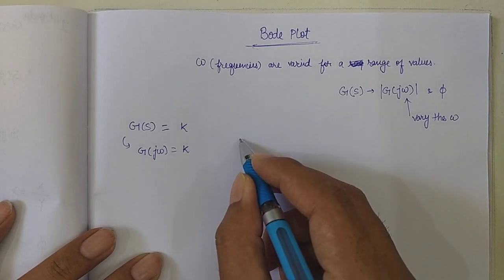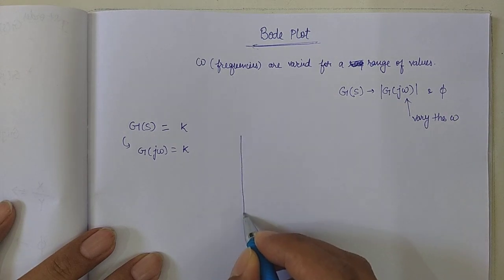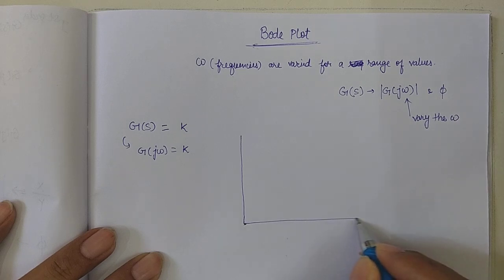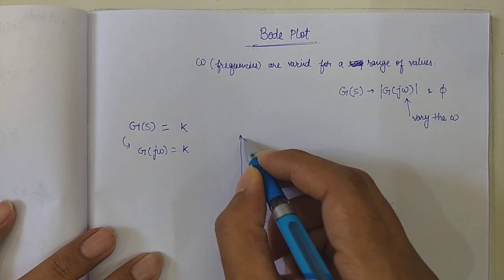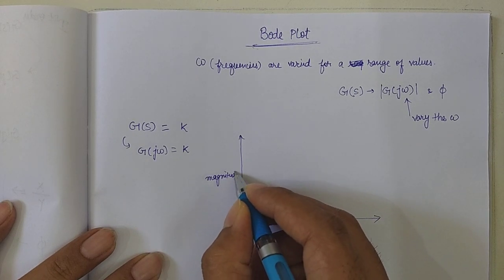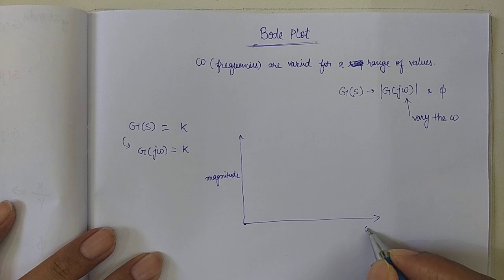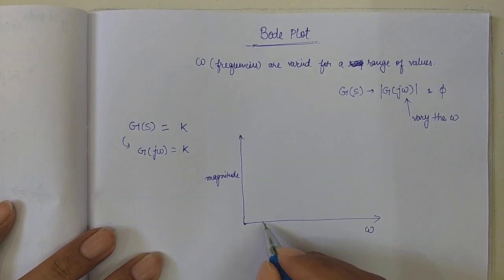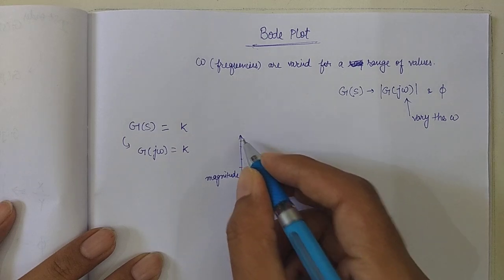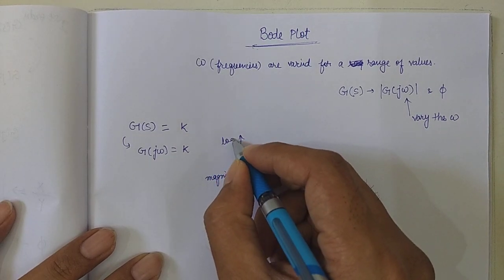The Bode plot is nothing but the plot of the magnitude with respect to the frequency for a range of frequencies, and these two plots are taken in log scales.